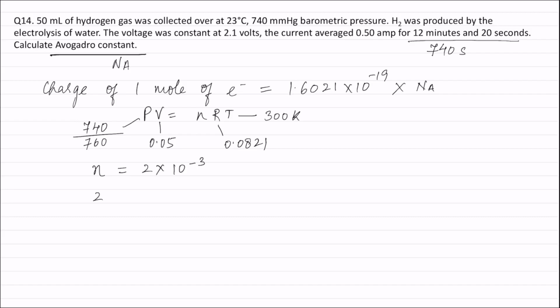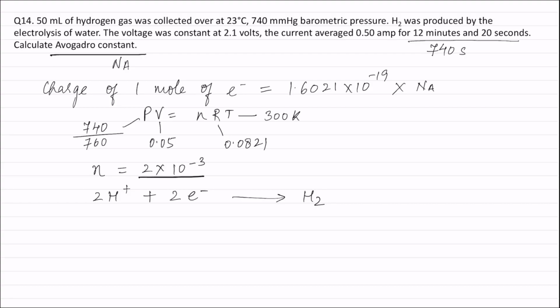moles. Now 2 moles of H plus ions combine with 2 moles of electrons to form 1 mole of hydrogen gas, or in other words, 1 mole of hydrogen gas will require 2 moles of electrons.